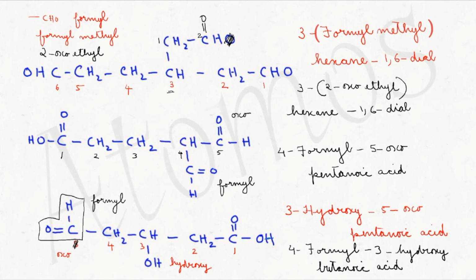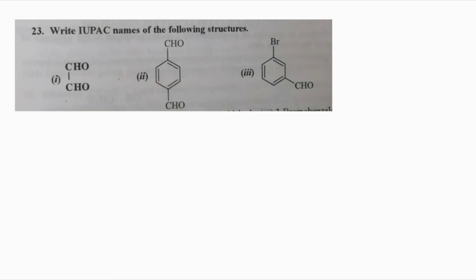Got it? So if you are trying to learn this kind of compounds, you will have a strong hold on the nomenclature of aldehydes. Now we will see the questions related to this. Now see this question. I have taken these questions from NCERT exemplar book. Now you are able to do all these questions. Read and find out what will be the IUPAC name of the following structures they are asking.